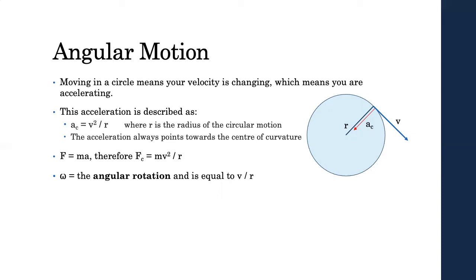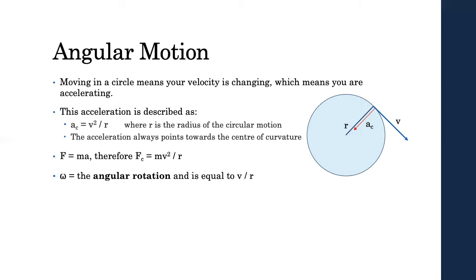And that little W thing is omega. We use omega to represent the angular rotation. And you can calculate that by the speed, meters per second, divided by the radius. Is anybody confused about how we derive v divided by r is equal to angular rotation?